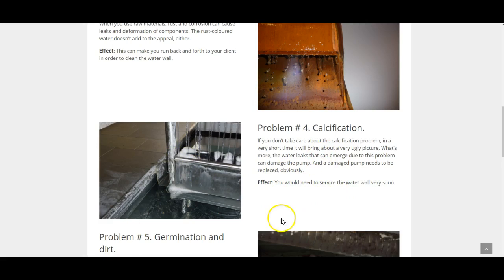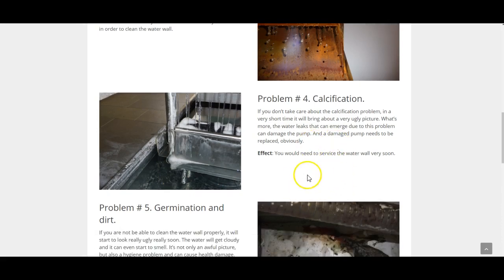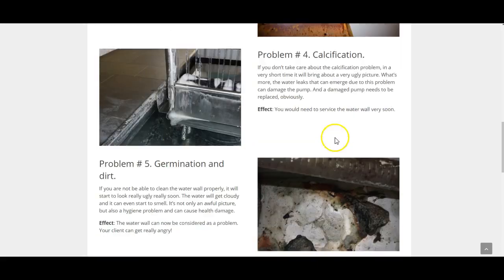So calcification can be a serious problem. That's why you should always use lime-free water or water additives to avoid that, or clean it at regular times with some additive which will remove the lime.